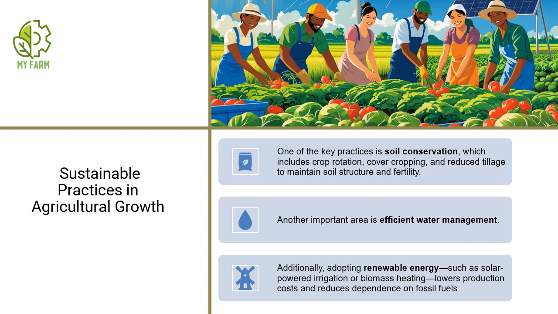Additionally, adopting renewable energy, such as solar-powered irrigation or biomass heating, lowers production costs and reduces dependence on fossil fuels. Finally, sustainable growth encourages diversification, allowing farmers to spread risk, stabilize income, and build resilience. By implementing these practices, agricultural businesses can boost productivity, protect ecosystems, and ensure long-term economic and environmental sustainability.